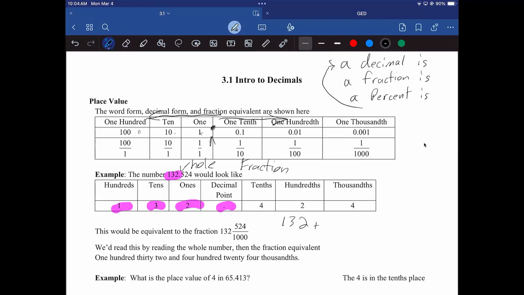and this number here should be a 5, 524 over 1,000. And how I'm finding that is I start at my decimal. So my decimal's right here. Sorry about that. So that's my decimal.